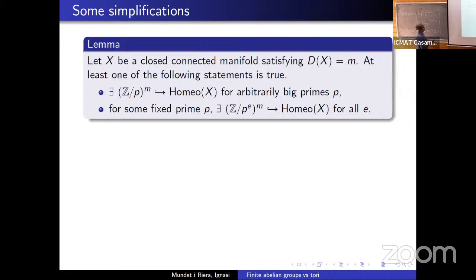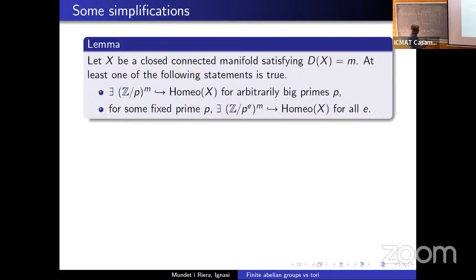One possibility is that you can find subgroups of the homeomorphism group of X isomorphic to Z mod p to the m for arbitrarily large primes p, and the other possibility is that for some fixed prime p, there exist groups of this form, Z mod p to the m, inside the homeomorphism group.